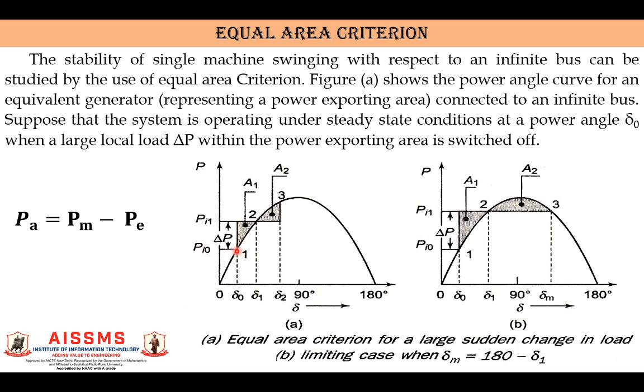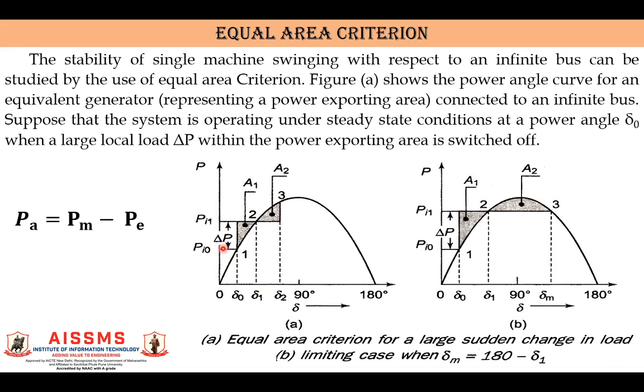At the steady state operating condition, PM and PE are both the same, so PM minus PE is 0, that is, the accelerating power is 0. So we say that the system is operating at a stable operating state. Now let us say that there is a sudden increase in the mechanical input.